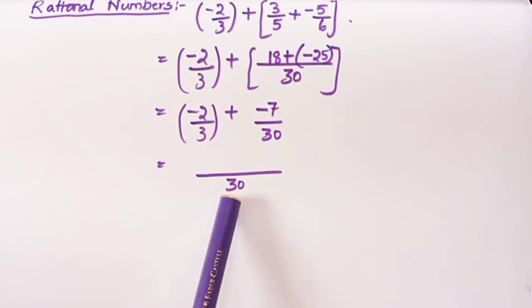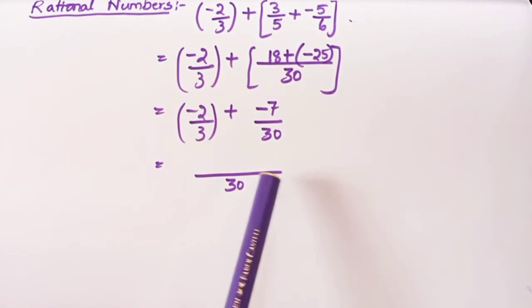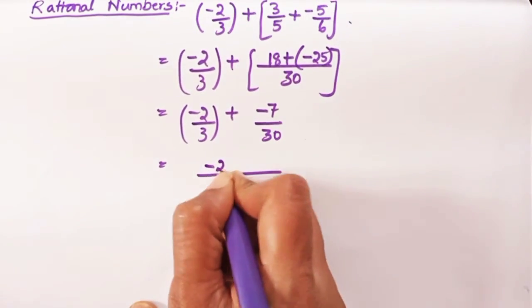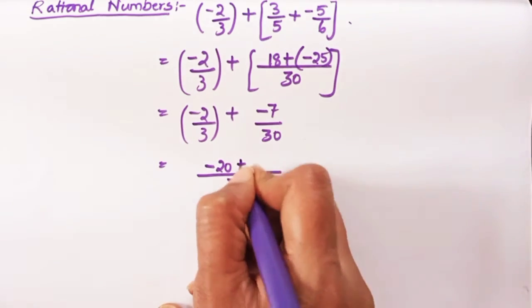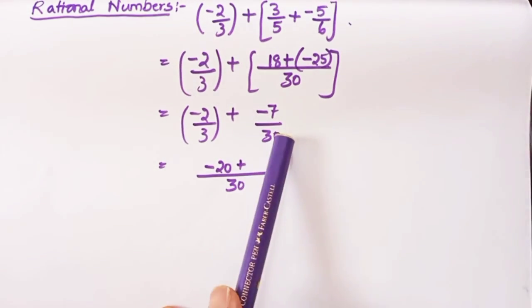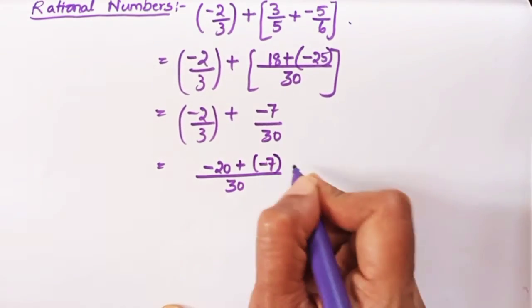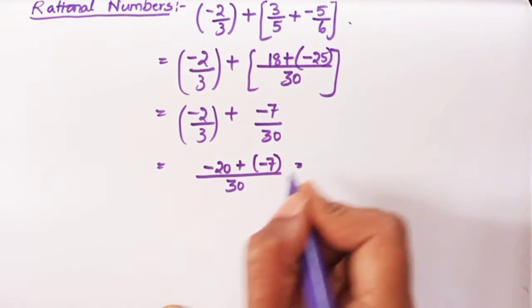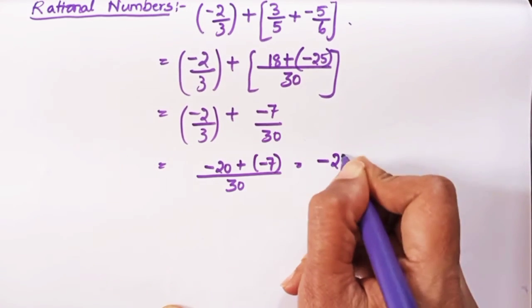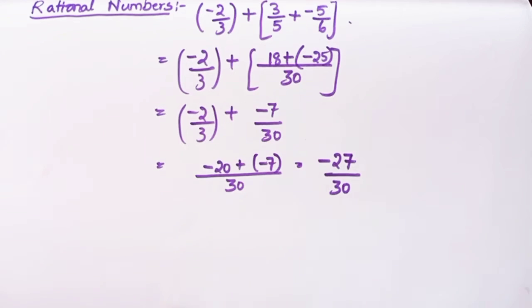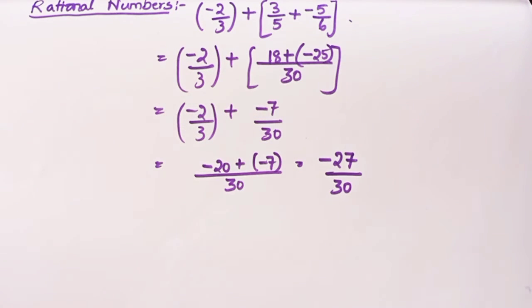So if I divide 30 with 3, my quotient will be 10. 10 into minus 2 will give me minus 20 plus 30 divided by 30, 1. 1 into minus 7, minus 7 only. So minus 20 plus minus 7, I get it as minus 27 by 30. Both are divisible by 3.